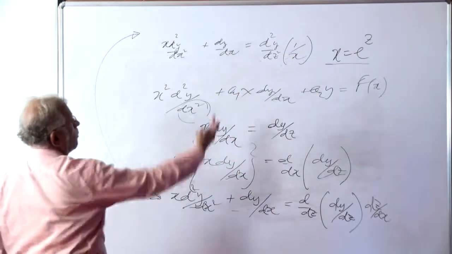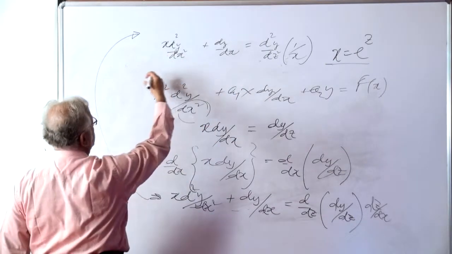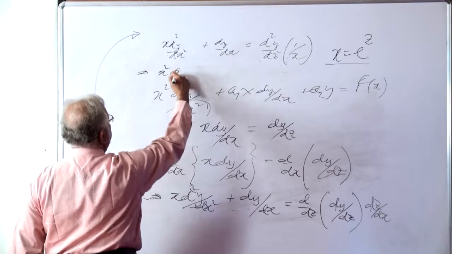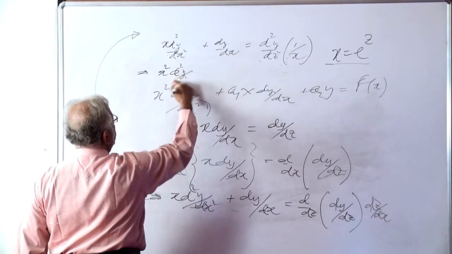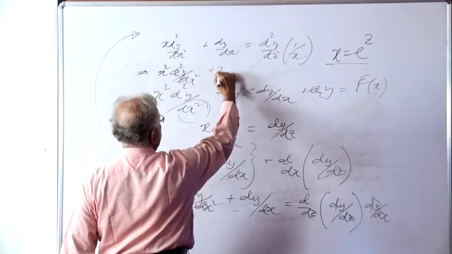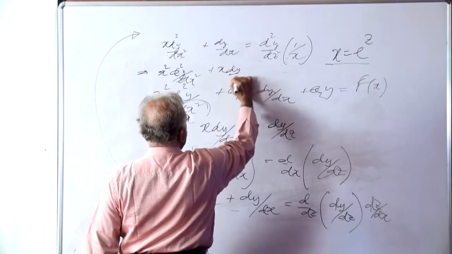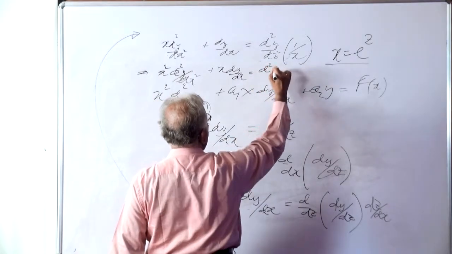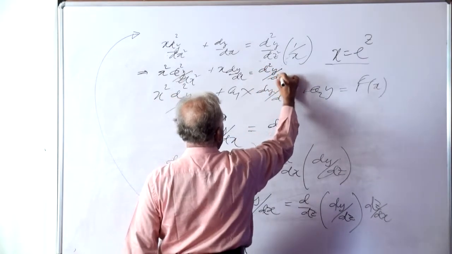We now multiply by x. So this leads to the fact that x square d2y dx2 plus x dy dx is equal to d2y dz2.